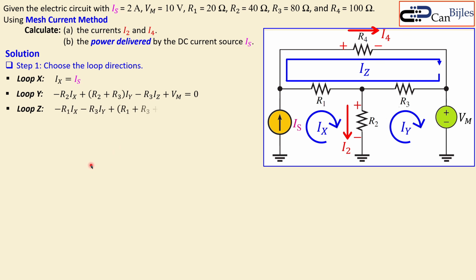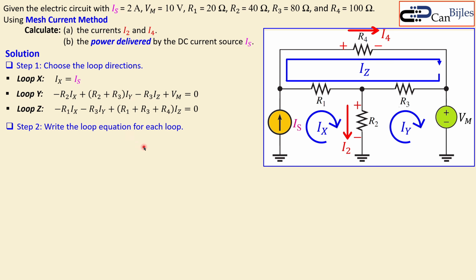Setting it up again in order X, Y, and Z, there is no voltage source or current source in this loop, so I only have resistors and the sum equals 0. You get minus R1 times IX, minus R3 times IY, and plus the summation of R1, R3, and R4 times IZ, and it all adds up to 0. That's step 1: choosing your loop directions and setting up these equations symbolically.